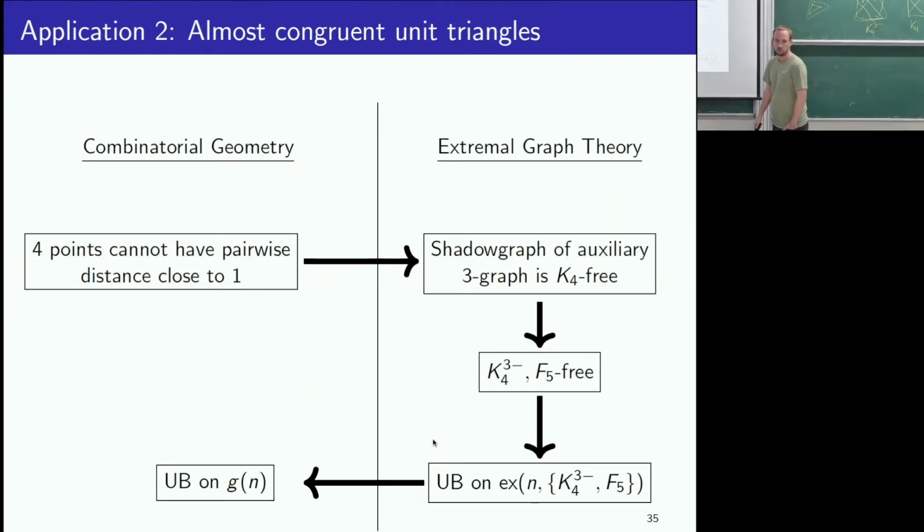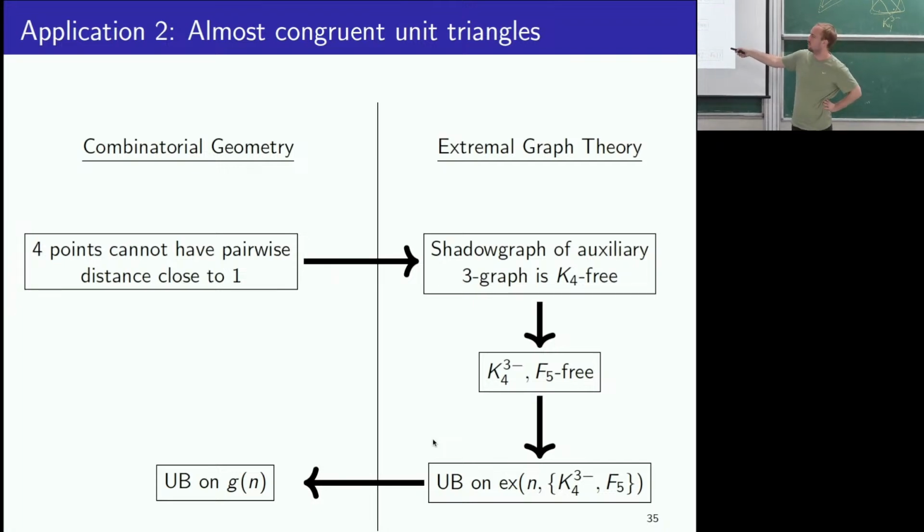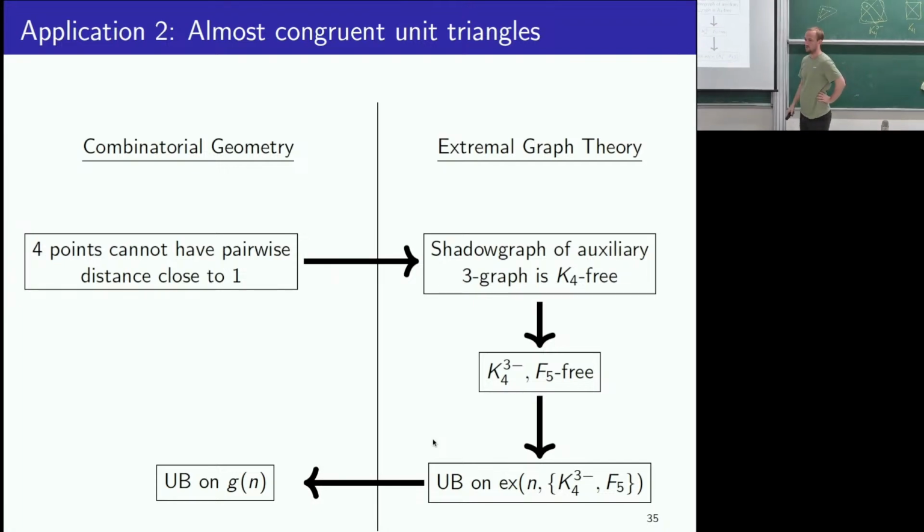Okay, what happened conceptually again? You might see already some similarities. We have this combinatorial geometry world where the question is being asked, and we have the extremal graph theory world where we can invoke some results. I'm standing rightfully on this side because that's where I'm comfortable. And we only needed one observation. We needed that 4 points cannot have pairwise distance close to 1 from each other. We had checked that.